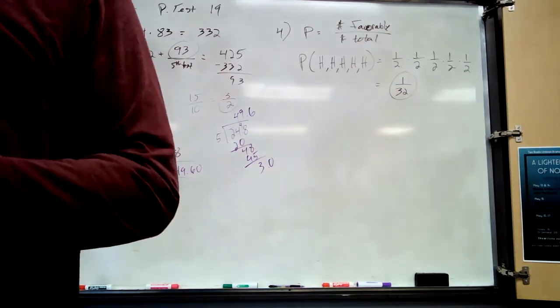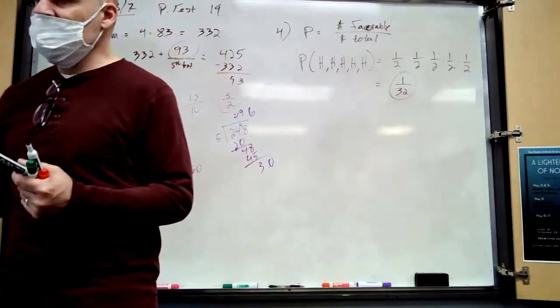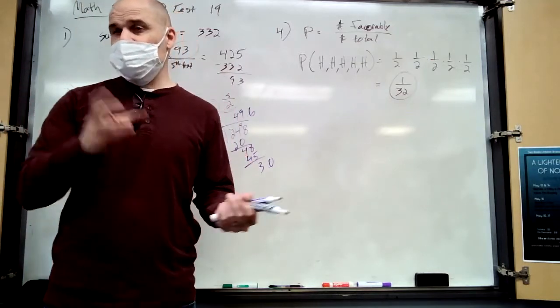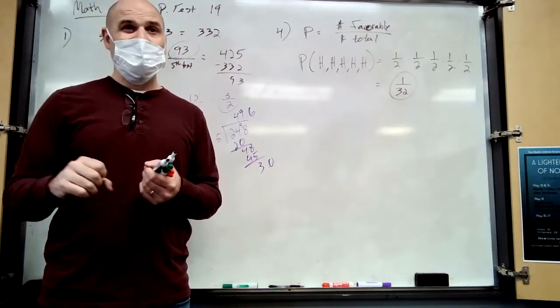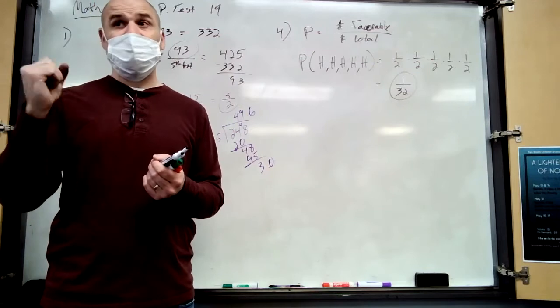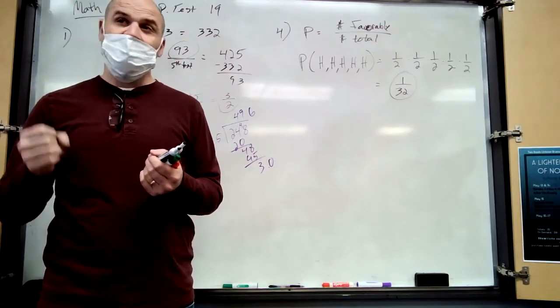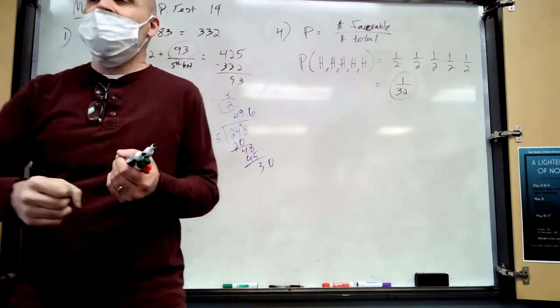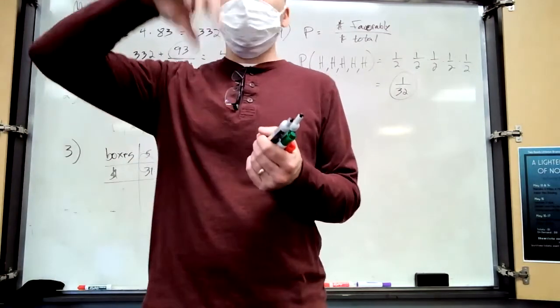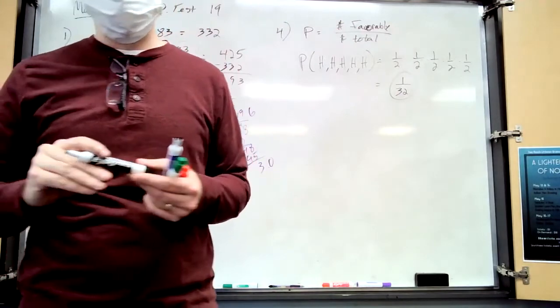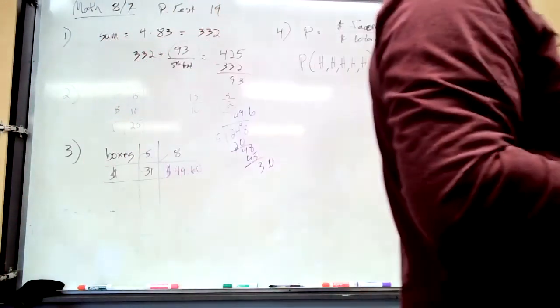Because flipping a coin 5 times gives you a total of 32 different combinations. You could get heads, heads, heads, heads, heads. You could get heads, heads, heads, heads, tails. You could get heads, heads, heads, tails, tails. You can get heads, heads, tails, tails, tails. You can get any different order of that too. So there's 32 different possibilities.